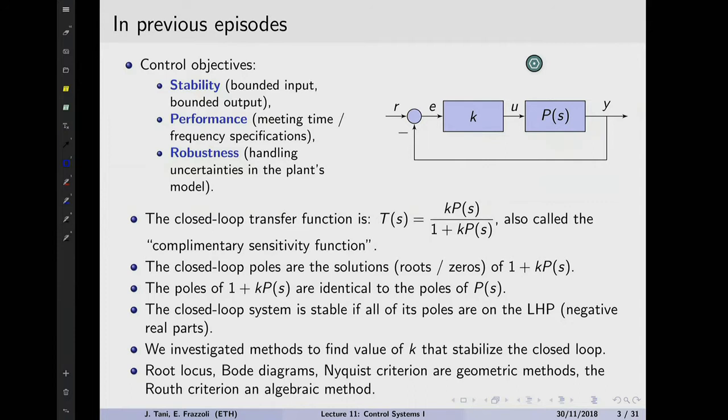And another important objective of control systems is that of guaranteeing robustness. So robustness is intended as something that relates to dealing with uncertainties, in particular uncertainties related to the plant, to the model of the system we want to control. An example of a robustness problem would be, suppose you are driving a car down the road.